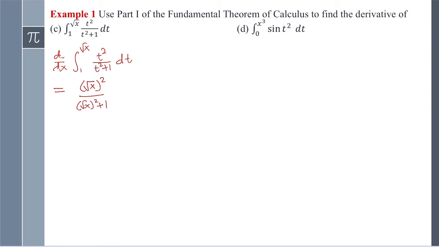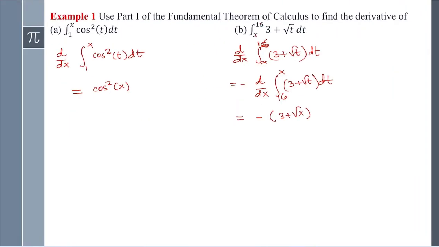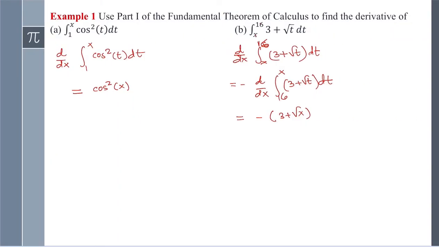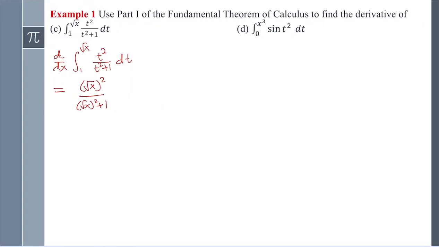Now one thing we really need to be careful about: if you go back to our fundamental theorem statement, we have a to x for the derivative. But now here we have a to square root of x, which means we have to use the chain rule. So we need to find the derivative of square root of x, which is 1/2 x to the negative 1/2.